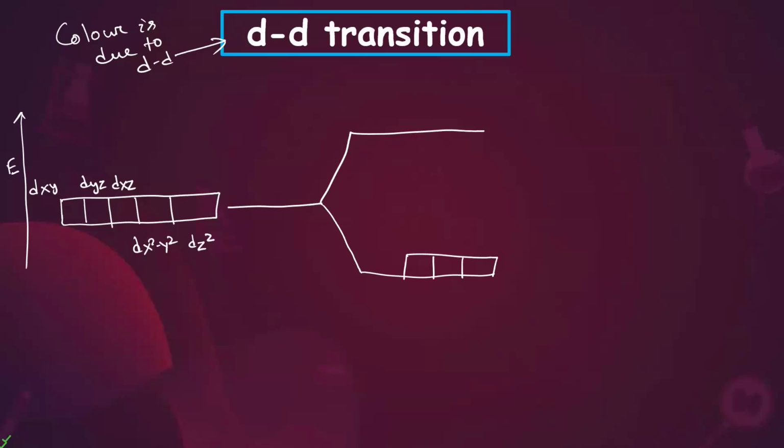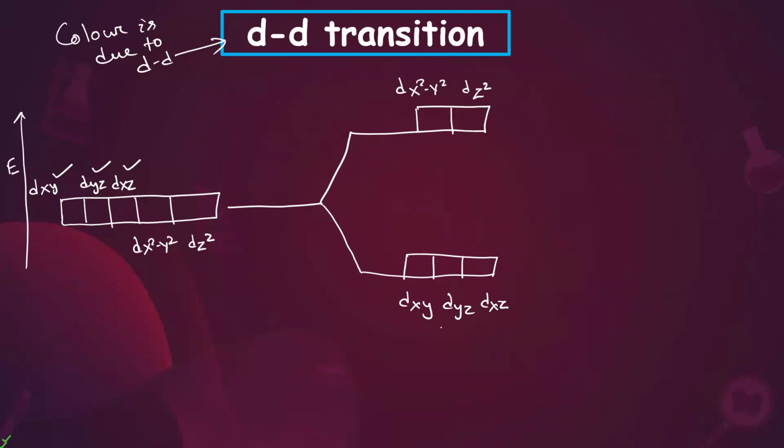Which are the three orbitals? The planar d orbitals: dxy, dyz, dxz. On the higher side, you have two orbitals, dx square minus y square and dz square.